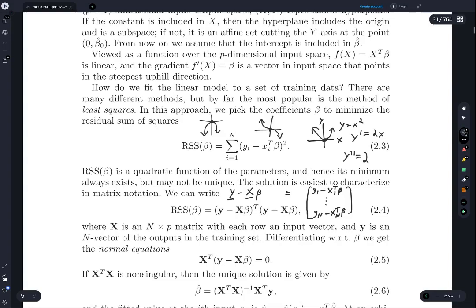In calculus it's called concave up, and in more advanced math it's called convex, but basically it's bowl upwards. That's the case because the second derivative is greater than 0, and that's how you know this critical point is a minimum. So we need to do that here.